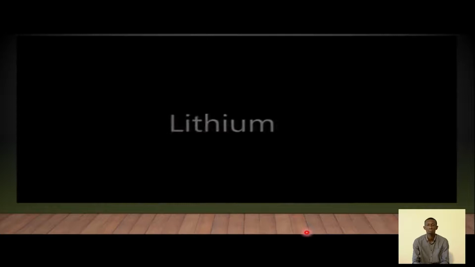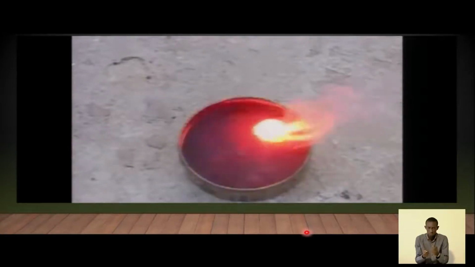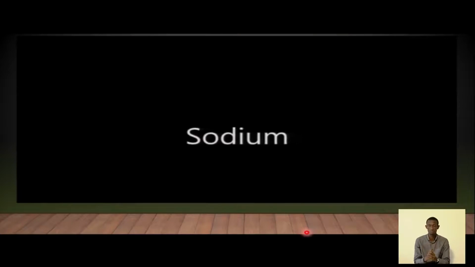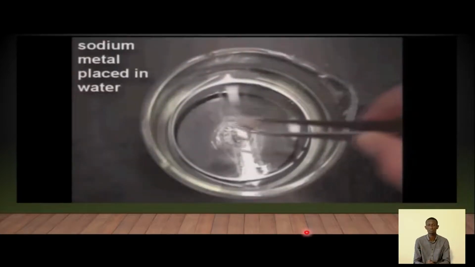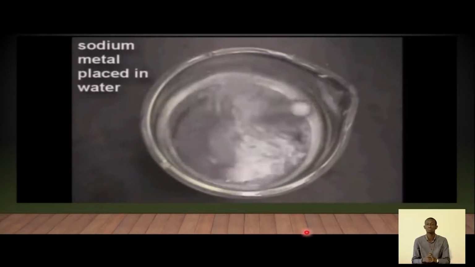Here we have lithium. When you put lithium in water, you can see what happens. We have an observation that the particle stays on the surface of water. And it means that it is less dense than water, as we have seen.